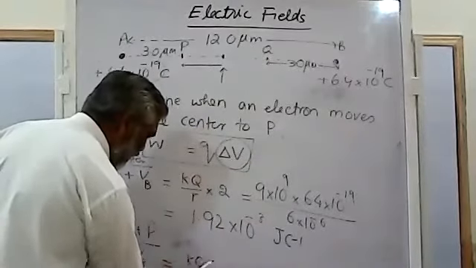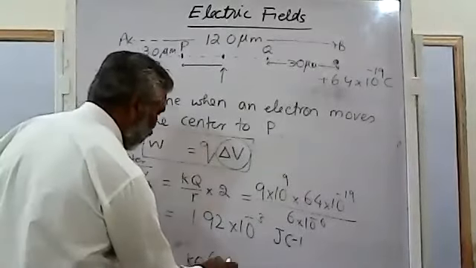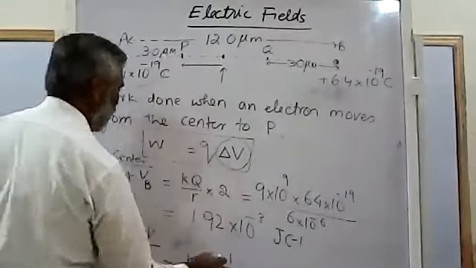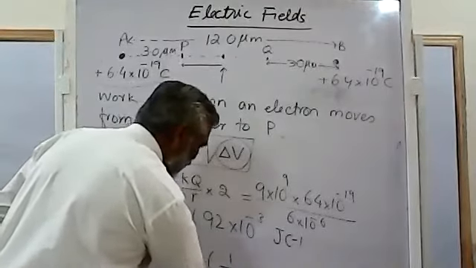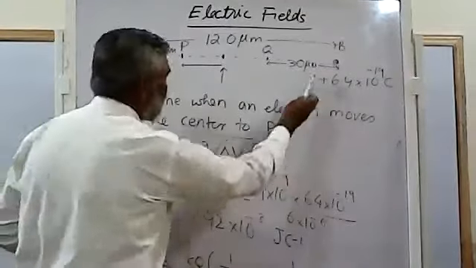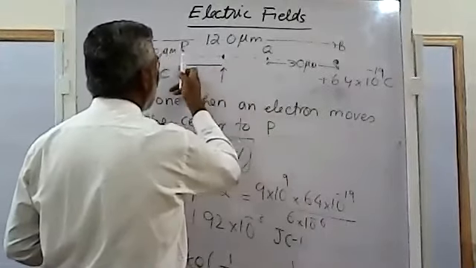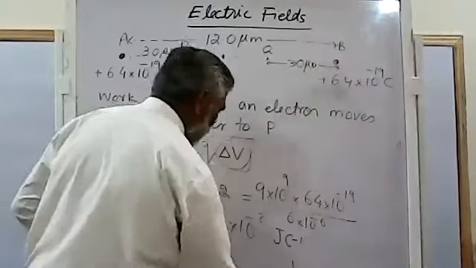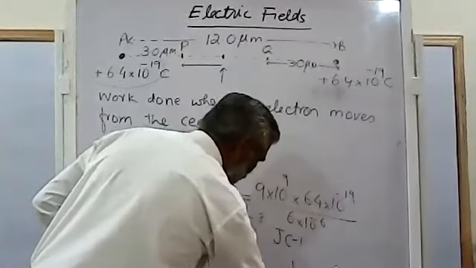So KQ is taken common because that is the same for the two, and 1 over, this is exactly 3 micrometer apart, 3 into 10 to the power minus 6, plus 1 over, this is now 9 micrometer from this, because you have moved to this point. So the total distance is 9 into 10 to the power minus 6 meter.